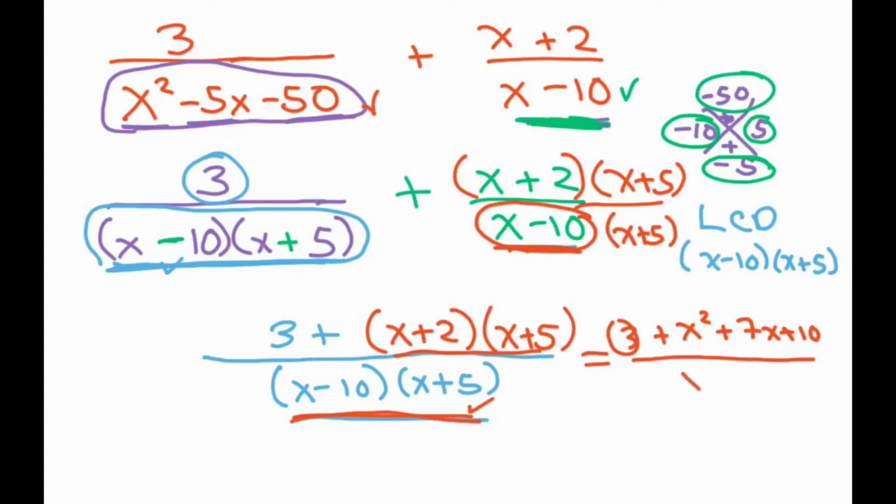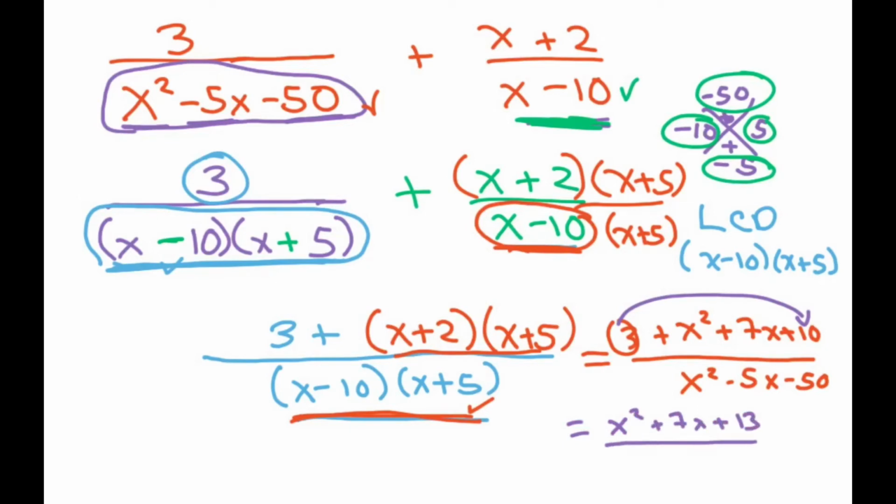So that's going to be x squared minus 5x minus 50. And finally, I'm going to just add this 3 to the 10. So my final answer would be x squared plus 7x plus 13 divided by x squared minus 5x minus 50. And that's your final answer.